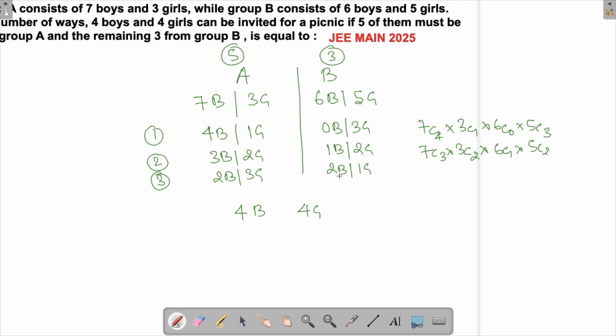And the third case is 7C2, 3C3, 6C2 and 5C1.